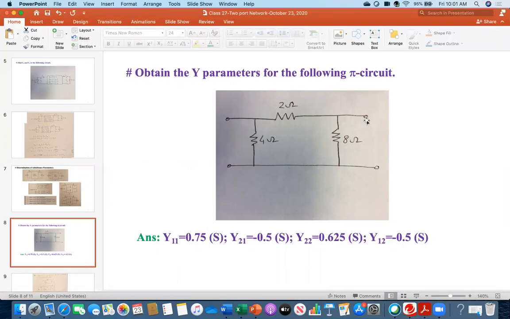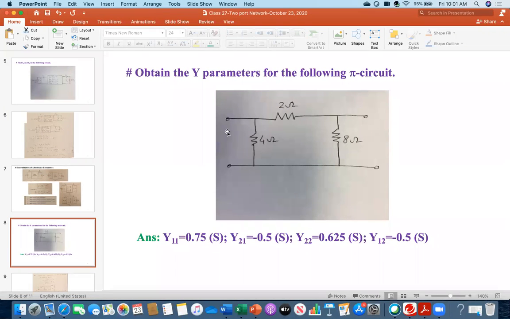Everybody see, when you are making the right side short, meaning that your 8 ohm is getting shorted out. So therefore the I2 current is flowing through the 2 ohm resistance. If there is I2 here, then I2 will be flowing through the 2 ohm.